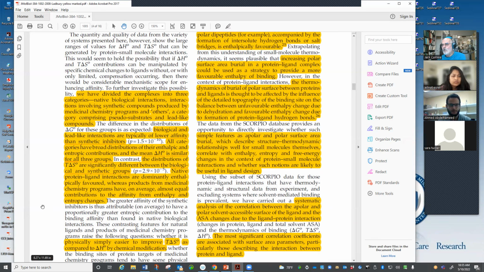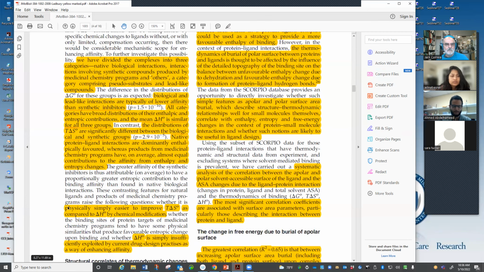And so they will make the point, and I'll end up saying it again because it's in the text, and Sarah will make the point on Monday, that when you design drugs to have higher affinity, it turns out that it is physically simply easier to improve T delta S as compared to delta H by chemical modifications.